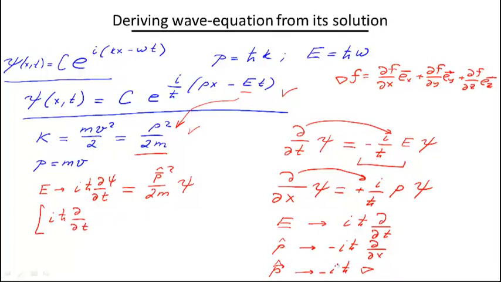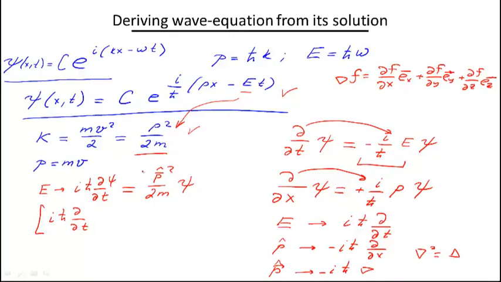So i squared gives us minus 1, h bar squared is h bar squared, and this gradient squared is called Laplacian. It's just the usual notation for this Laplacian, either this gradient squared explicitly or this triangle.